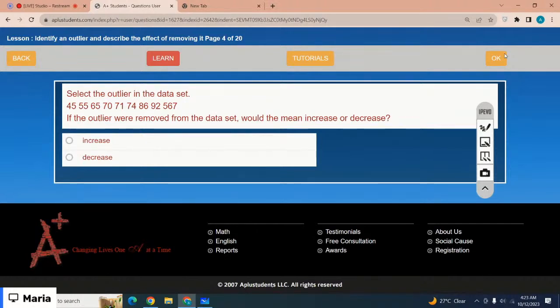If the outlier were removed from the dataset, would the mean increase or decrease? 567 is the outlier, and that is a bigger number than the other values. So when you remove a big outlier, that will decrease the mean. The correct option is decrease.